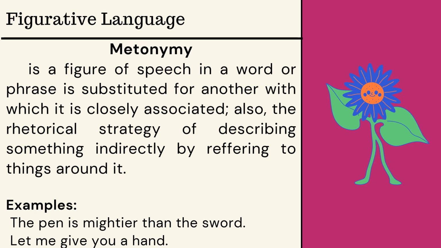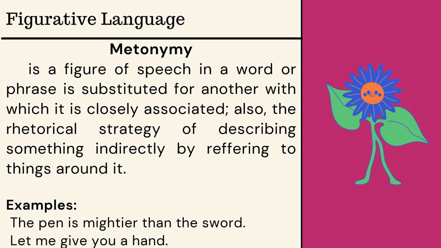For example, the pen is mightier than the sword. Okay, so it could mean wisdom is better than aggressiveness. For example, to be wise is better than to be aggressive. As pen could be associated to wisdom, learning, school, and sword could be associated to fight.